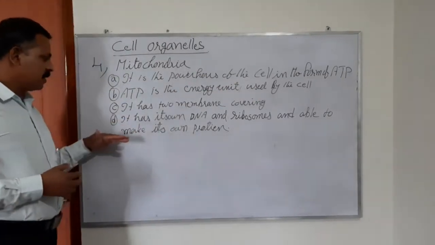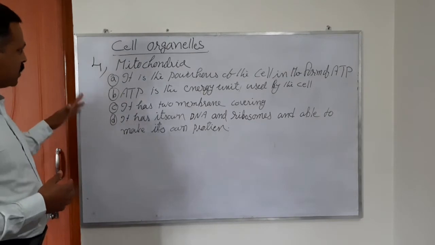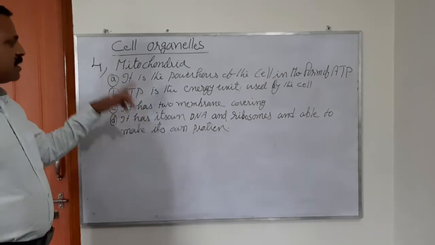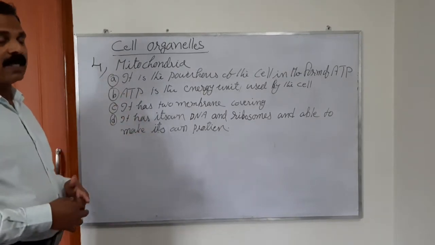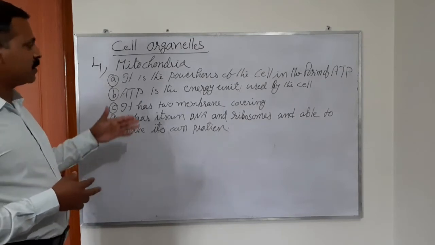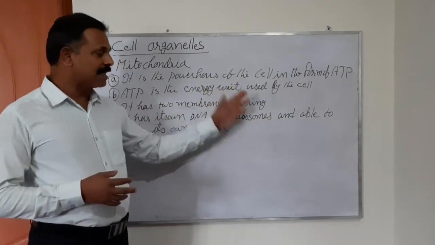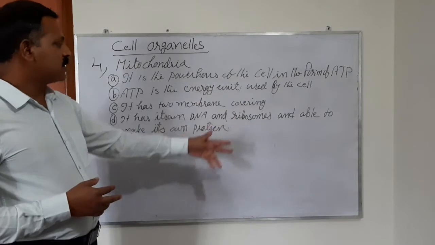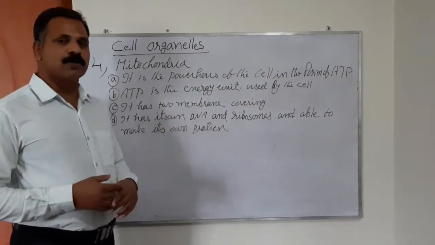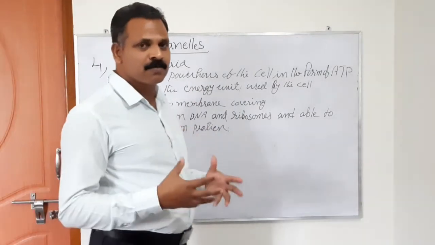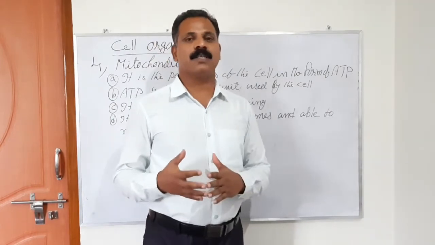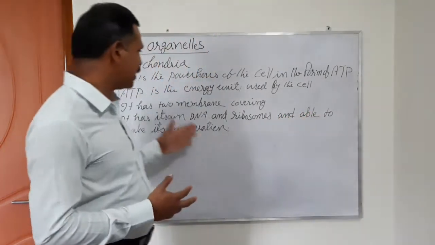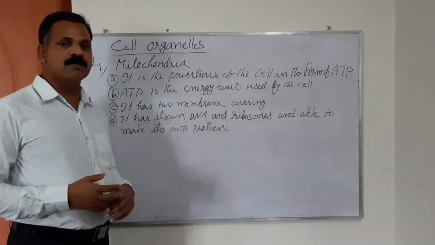And the fourth point of this mitochondria is, it has its own DNA. Unlike the other organelles, it has its own DNA and ribosomes. So it is able to produce its own protein. So it has a special protein for this particular organelle to perform with the help of the DNA and ribosomes present in it.